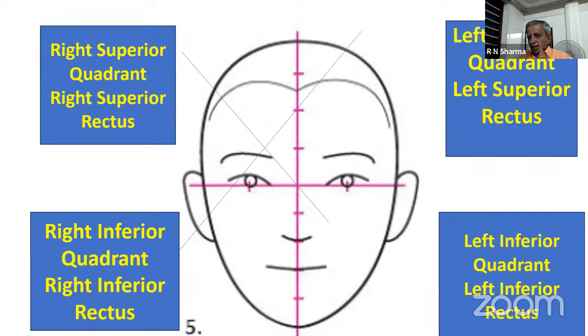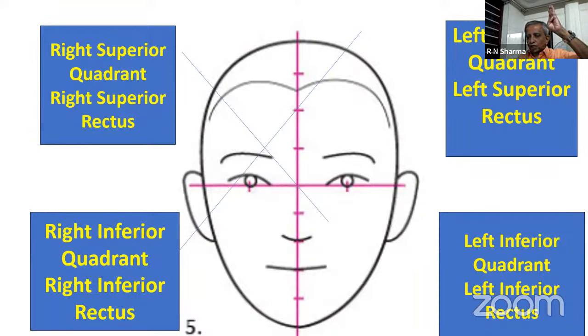The muscle that acts to bring both eyeballs to this quadrant, for the left eyeball, is now parallel to the recti, therefore it is the left superior rectus. At the same time, I have adducted the right eyeball. Now it becomes parallel to the oblique. So left superior rectus and right inferior oblique.